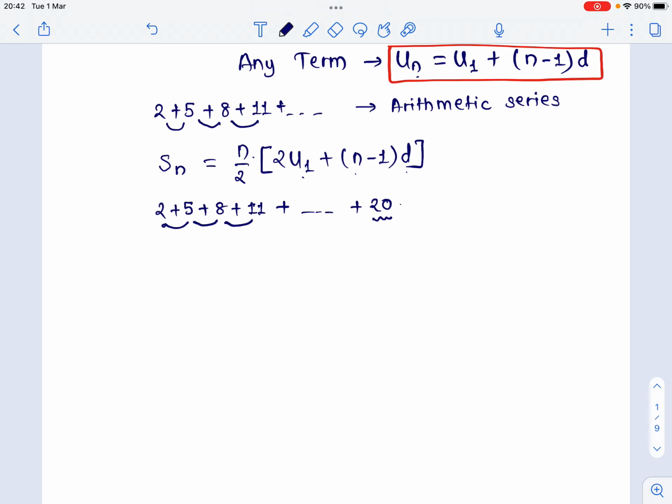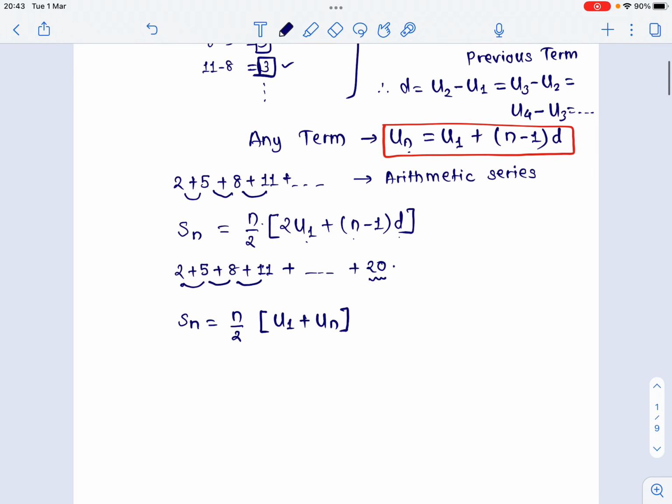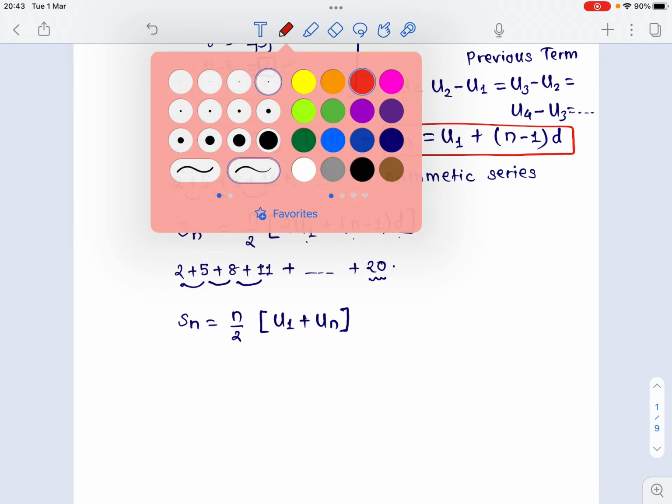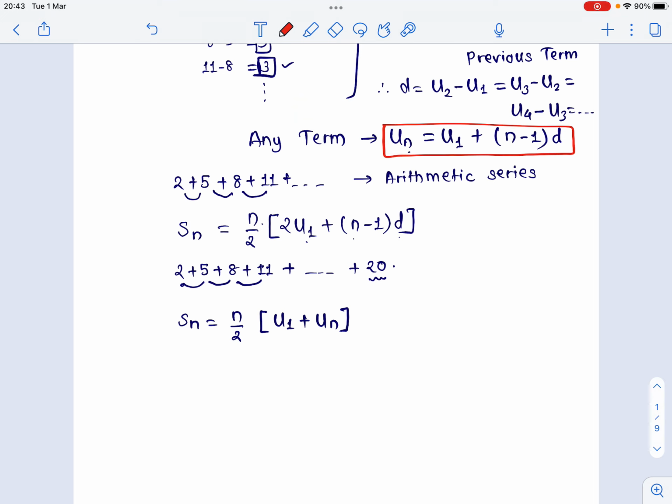So you need to first find out which number term 20 is. Once you know that, you can use this formula: n over 2 times (u1 plus un). These are the formulas given in your formula booklet. First is the term formula, second is a sum formula, and third is also a sum formula.